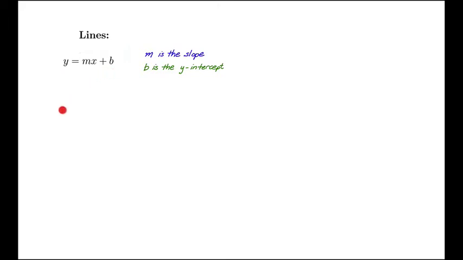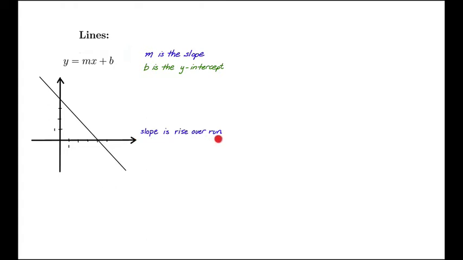So let's first consider this graph of a line. We need to determine the slope, which we can think of as the rise over the run. We are determining the rise, which is how the y is changing, over the run, which is how the x changes. So this can be more easily written as the slope, m, is equal to the change in y over the change in x.